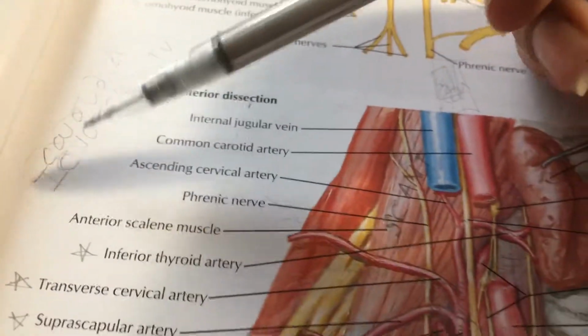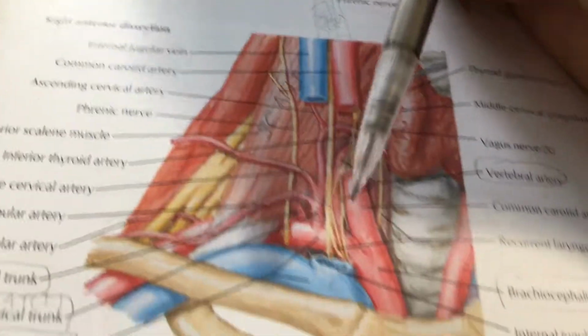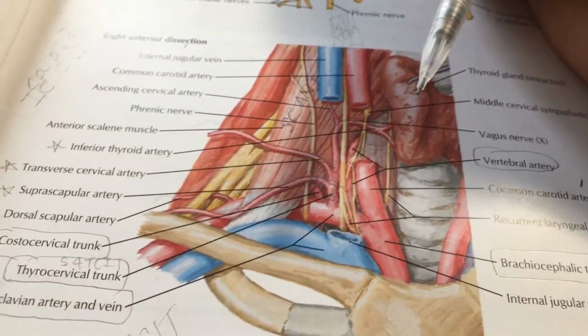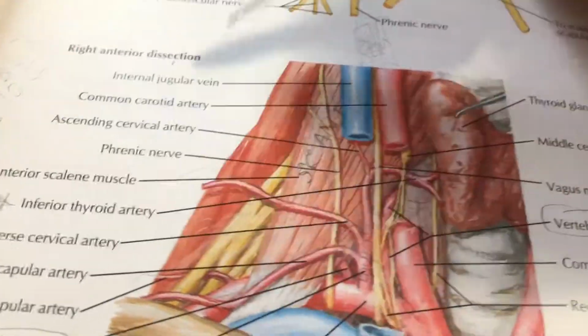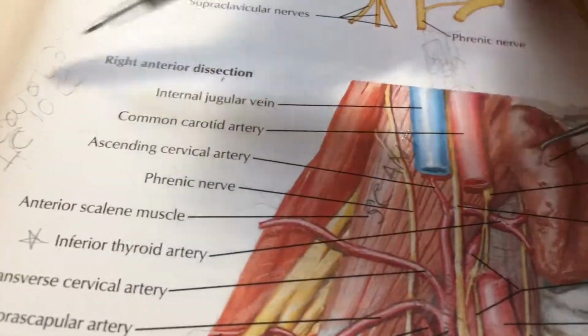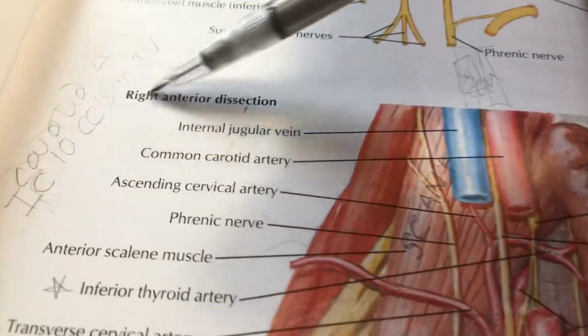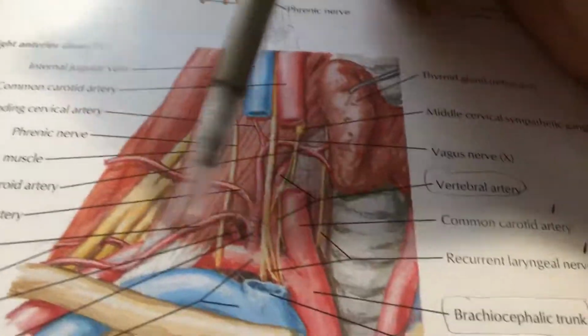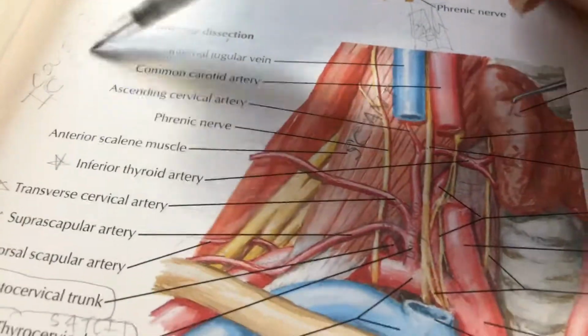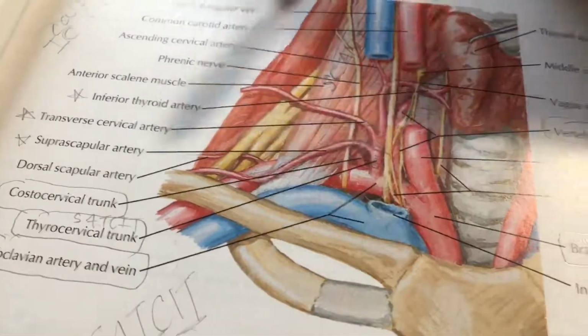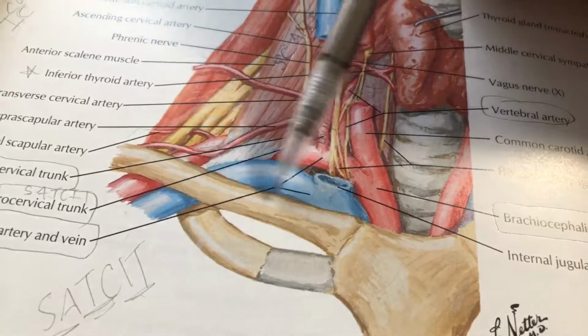And then you have 10 for vagus nerve. Then you have CC for common carotid. Then you have IV for internal jugular vein. This was all forming the carotid triangle. Look at the carotid triangle notes to review this. And that's pretty much it.